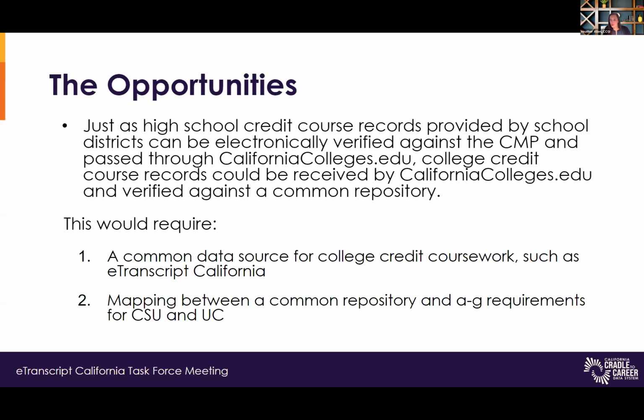At least from our perspective at californiacolleges.edu, just as high school credit courses that districts give to us can be electronically verified by matching them against the CMP and passing them through californiacolleges.edu, there is certainly opportunity where we could receive college credit course records, dual enrollment course records, from somewhere and bounce those against a common repository in order for students to have a fuller picture of their eligibility, right? And to have an opportunity for that data to move electronically on their behalf as well.